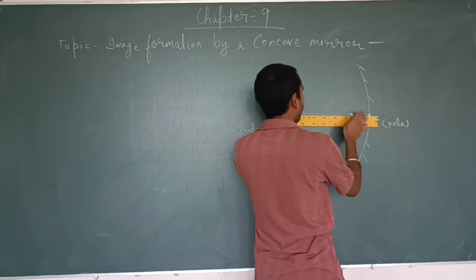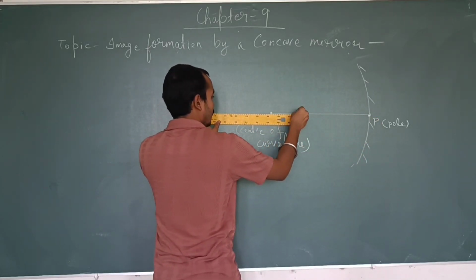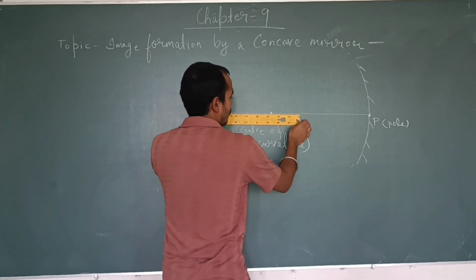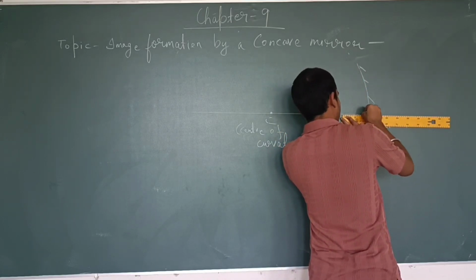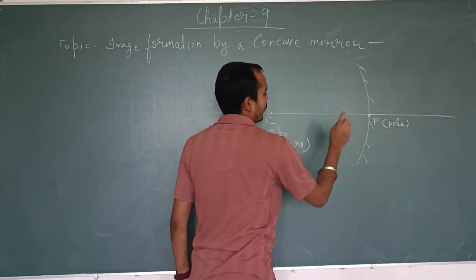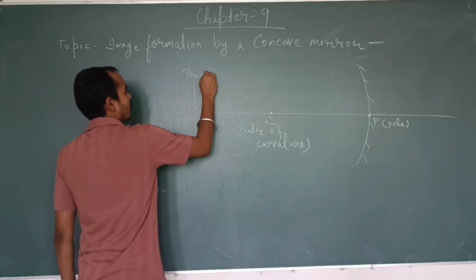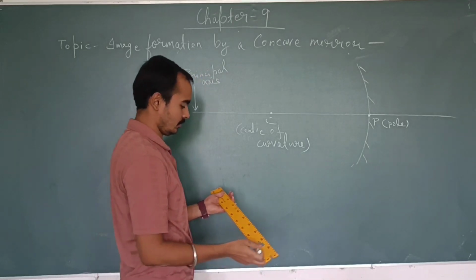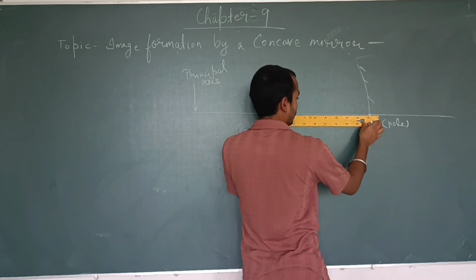This line joining the center of curvature and the pole is called the principal axis. This line that we have made by joining the center of curvature and the pole is called the principal axis.